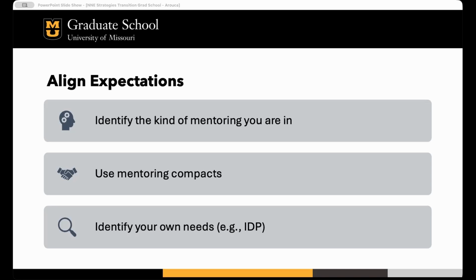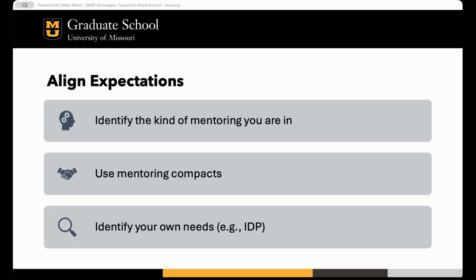The other thing for you to align expectations is having a conversation with your mentor or advisor about if they use mentoring compacts. Maybe they will already provide you one when you start the relationship. If they don't, have that conversation, because it will be a good document to have.